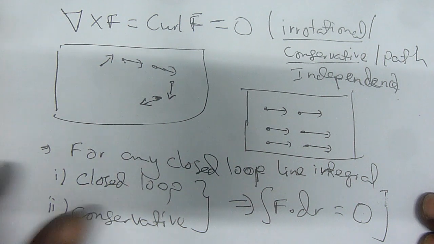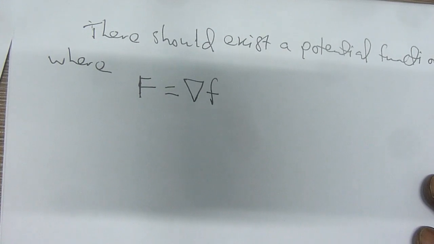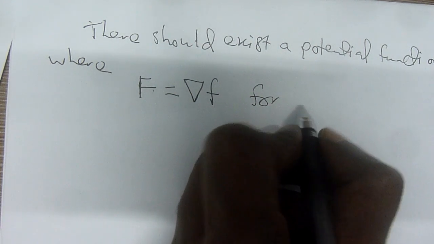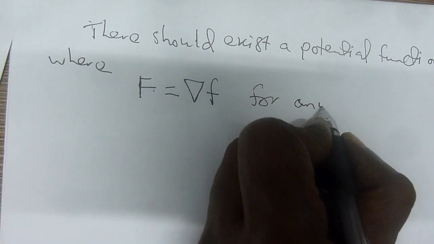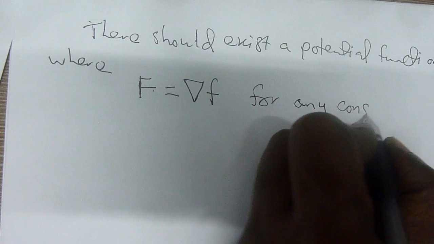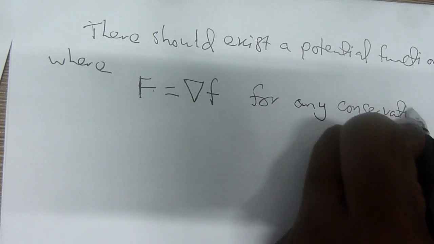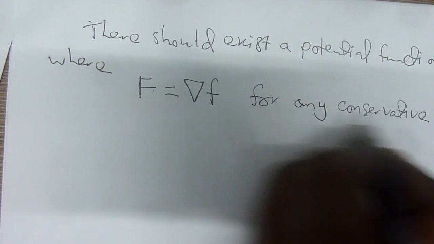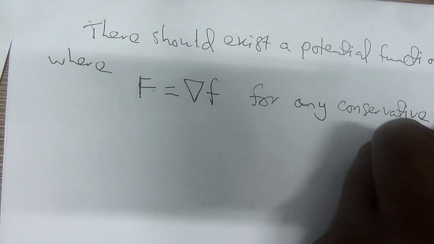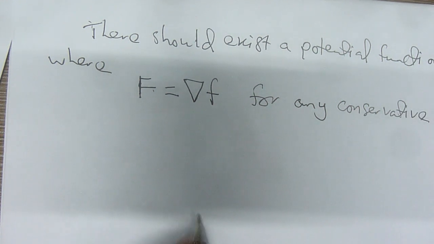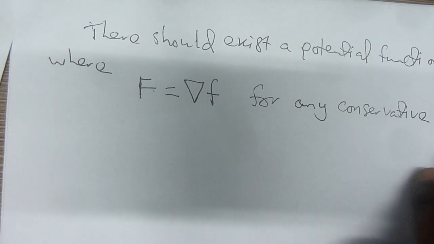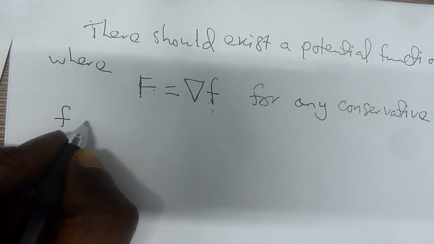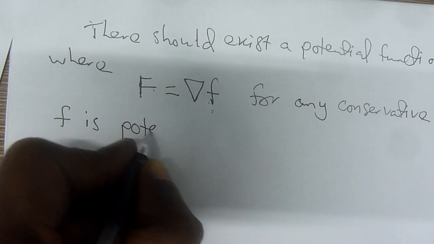If it is conservative, I forgot to say it's conservative, there should exist a potential function for any conservative F, where F equals the gradient of f, and we will say f here is a potential function.